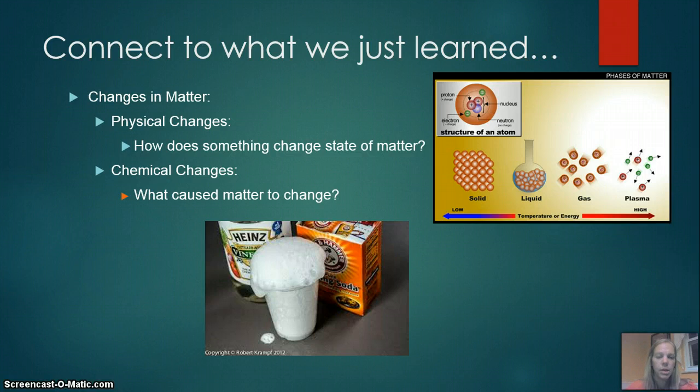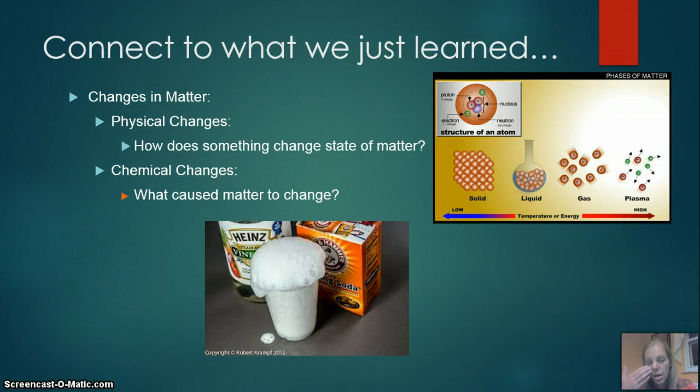So when we talked about physical changes, an example of a physical change is something changing from one state of matter to another. So what causes this? Well, it is a change in energy, thermal energy to be specific. In order for a solid to change to a liquid, we would have to increase the thermal energy. And we usually view that in a temperature increase.